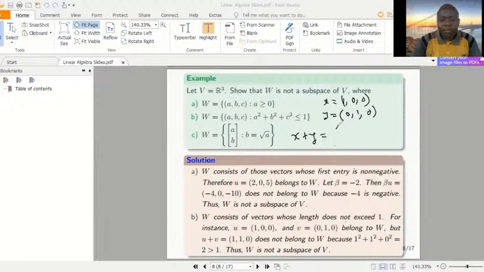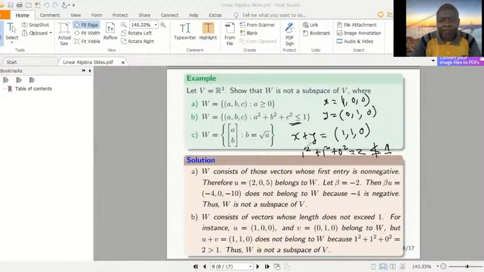The sum will be 1, 1, 0. Is this sum in W? And 2 is not less than or equal to 1. So this condition has not been met.